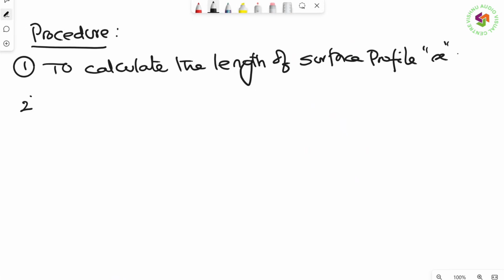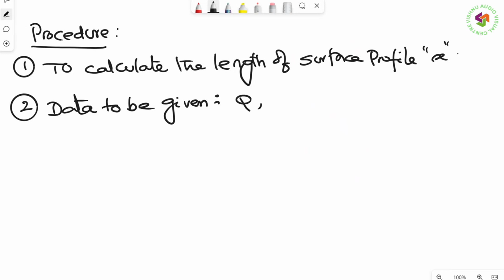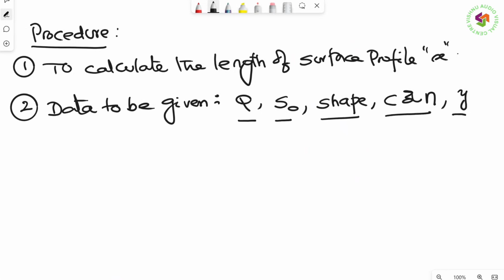Now, the data to be given: number one, discharge should be given, bed slope should be given, channel shape should be given. Then only we can calculate area. Whether Chezy's C or Manning's n should be given. And last, depth of flow. So Q, S naught, shape, C or n, depth of flow.